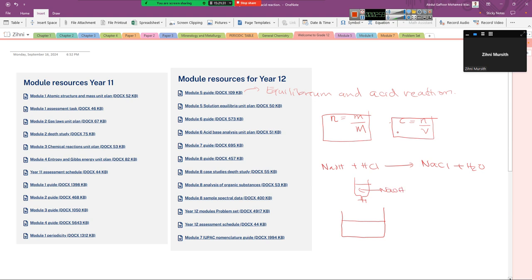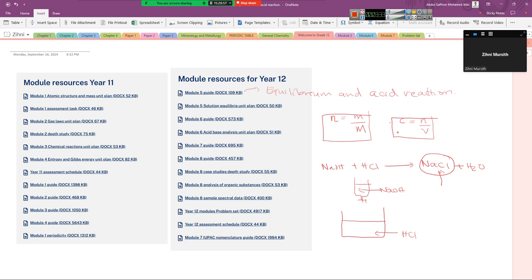Now we have to measure the volume, and finally we will end up with NaCl solid. Then we will measure the amount of NaCl and do some calculations. The equations that we are going to use for this purpose are these two: n is equal to mass divided by molar mass, and concentration is equal to mole divided by volume.